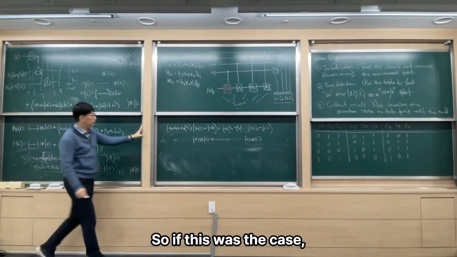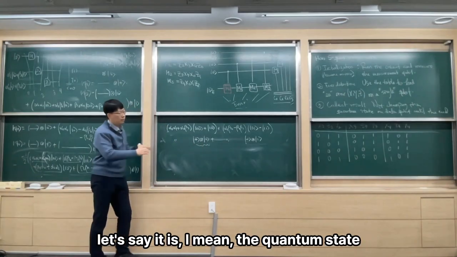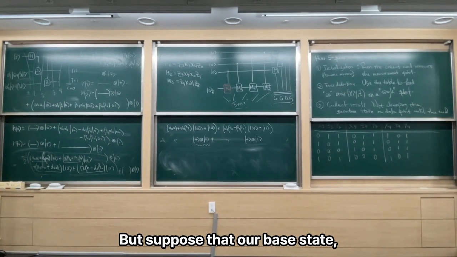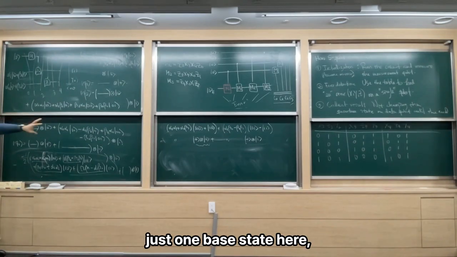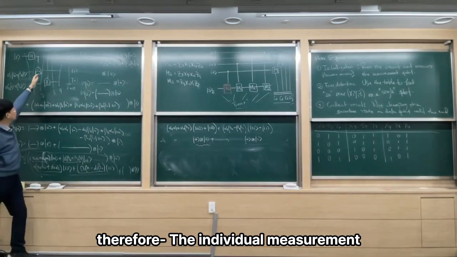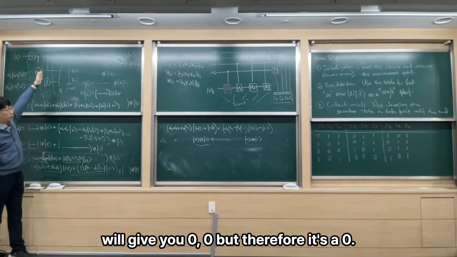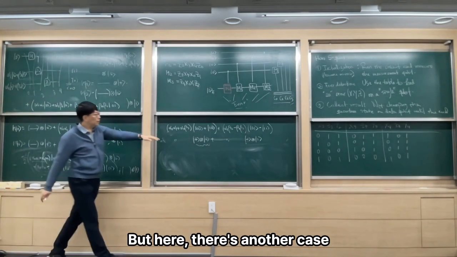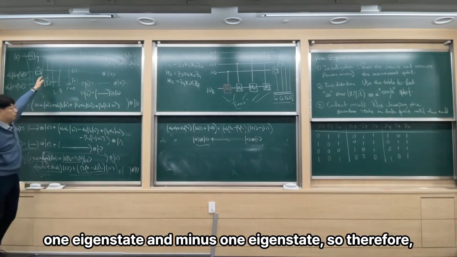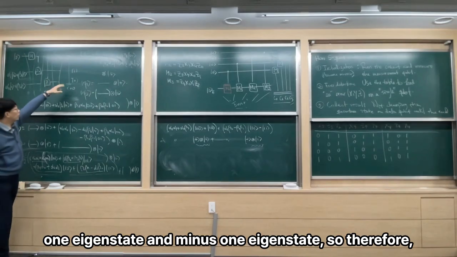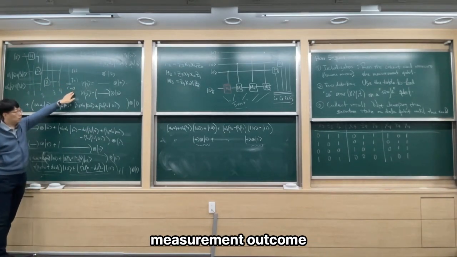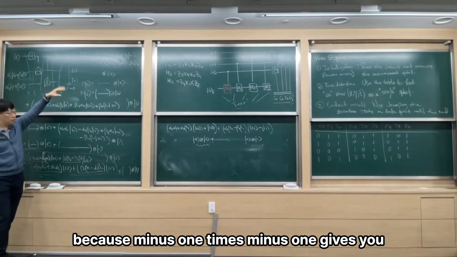So if this was the case, let's say just one base state here, then we get a plus 1 eigenstate, therefore the individual measurement will give you 0, 0. But here, there's another case which gives you minus 1 eigenstate and minus 1 eigenstate. Therefore, it also gives you overall the 0 measurement outcome, because minus 1 times minus 1 gives you plus 1.